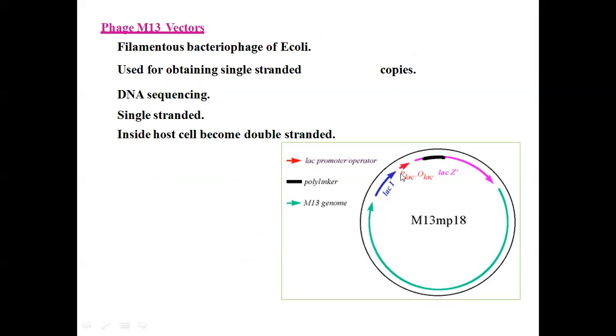Here is the lac gene, here is another selective marker gene, and here is the polylinker, where you can insert your gene. The whole molecule is the recombinant, because it is the vector genome plus the gene of interest you have inserted. The total genome is termed recombinant because it is the recombination of two different genomes. That genome you can clone inside the host cell.